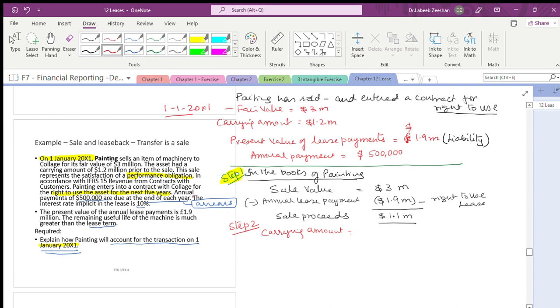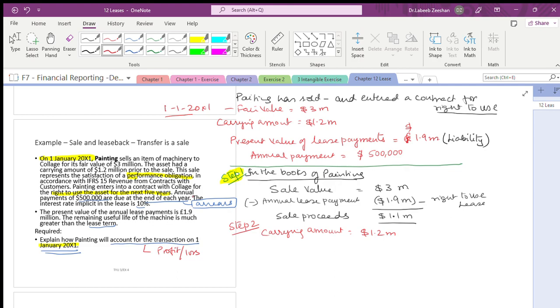Explain how the painting company will account for the transaction, meaning how much profit or loss is incurred on the transaction. What is the profit? Now, carrying amount is how much? The carrying amount is 1.2 million.